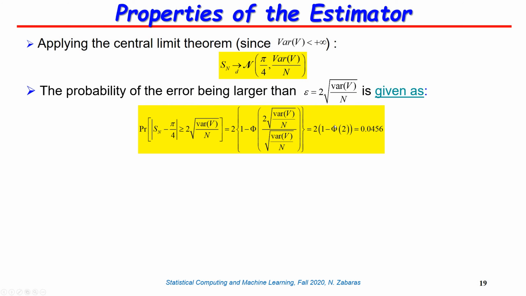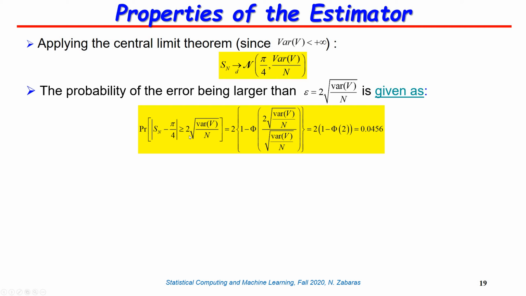So capital Phi here is the CDF of the standard Gaussian N(0,1). So this gives me the probability that I'm going to be away from the true mean by 2 times the standard deviation. All right, that's the error of the estimator.